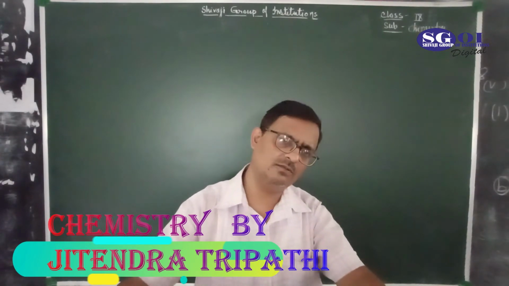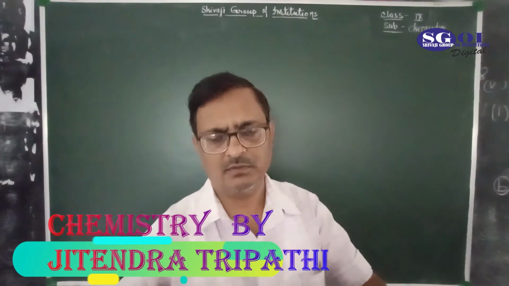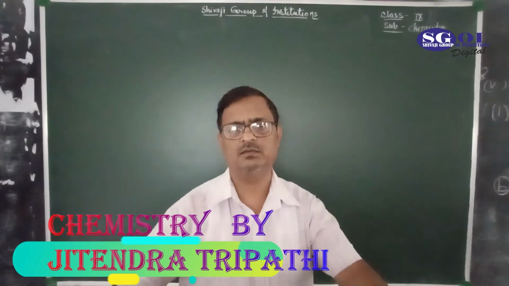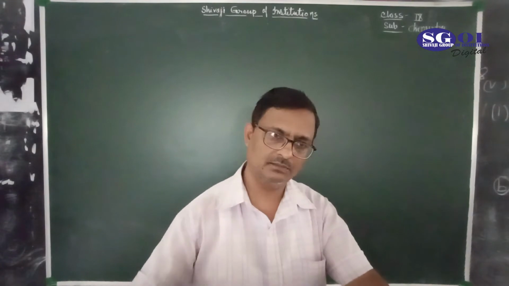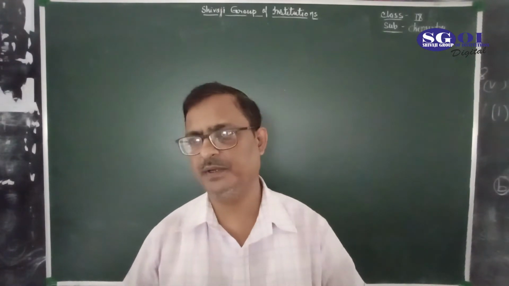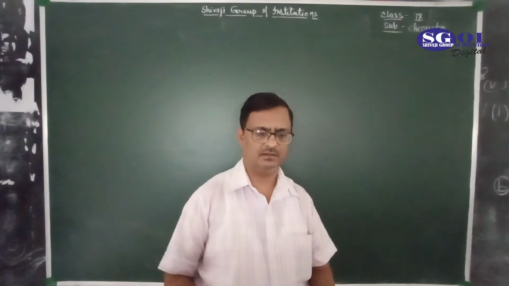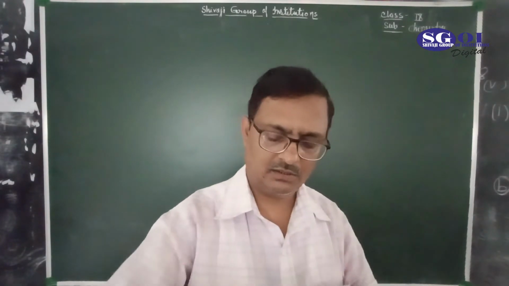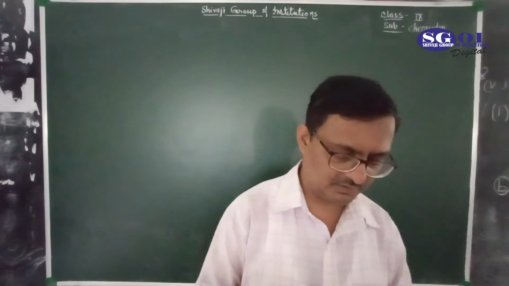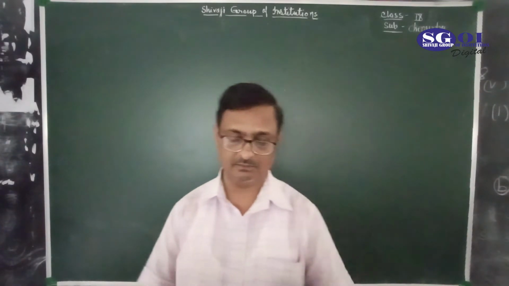Today we are going to learn about the remaining part of the chapter periodic table. Students, in the previous class we discussed the characteristics of the long form of the periodic table.